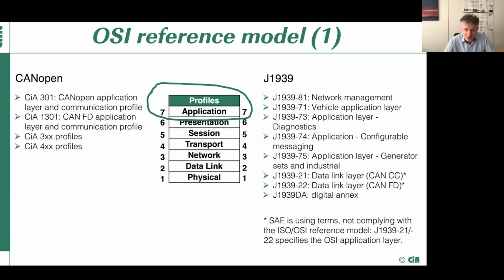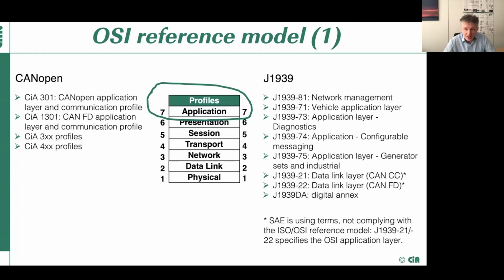We have one specification, one application layer for classic CAN, and one application layer for CAN FD. In J1939, it is a little bit different, but there are specifications which mark actually a data link layer for FD and classic, such as J1939-21 and 22, which actually represent more or less the application layer, although they are assigned as a data link layer.